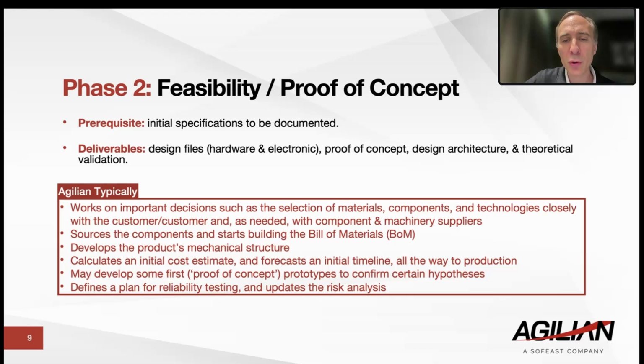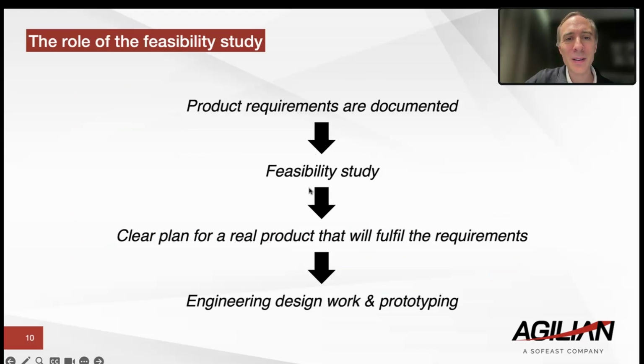Maybe compare certain design architectures, different approaches, approach some of the big challenges, and just get to know more about where we're going and make some big decisions early. Really, the feasibility study is what transforms the product requirements and the concept into a real product, or at least a clear plan for a real product.